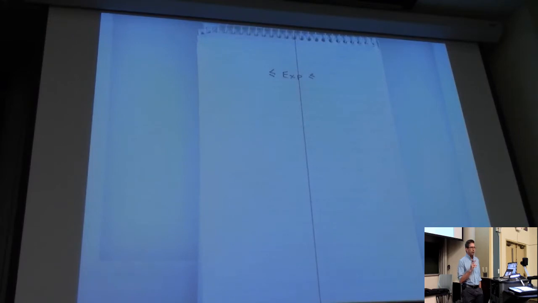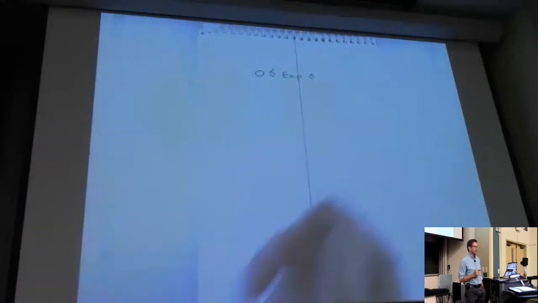Now wait a minute, don't confuse the encoding with the value it represents. EXP is just the encoding. So what's the smallest value of EXP? 0, that's right.